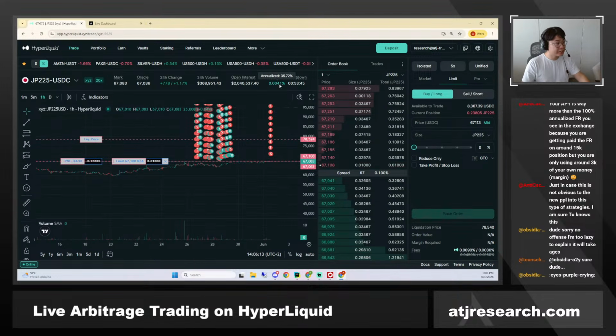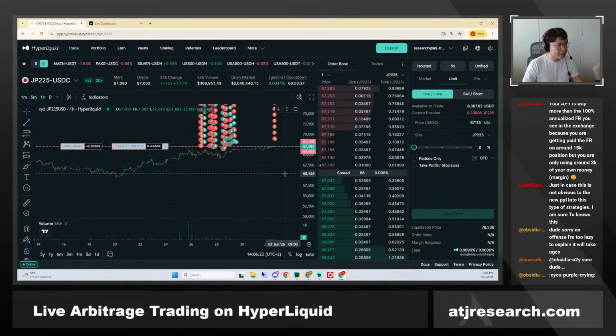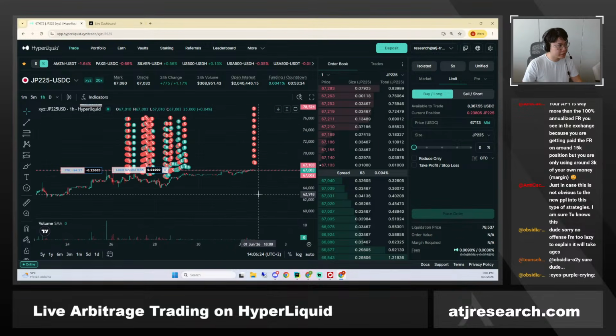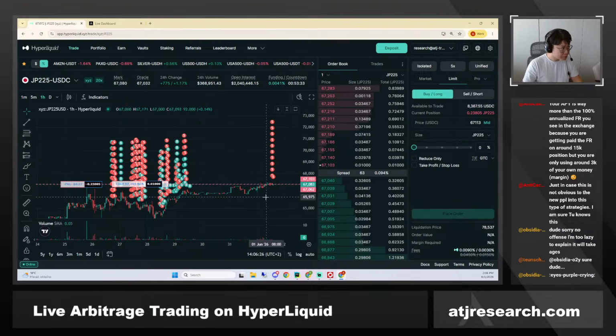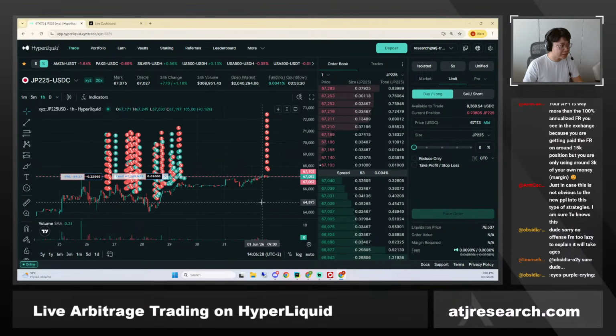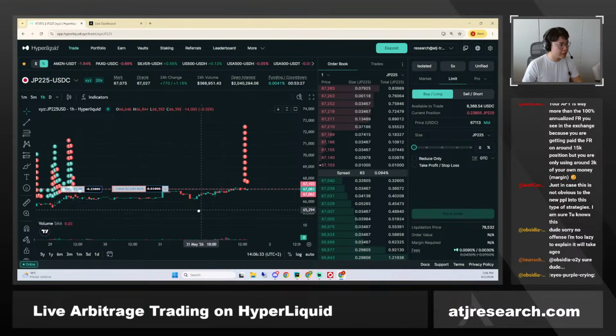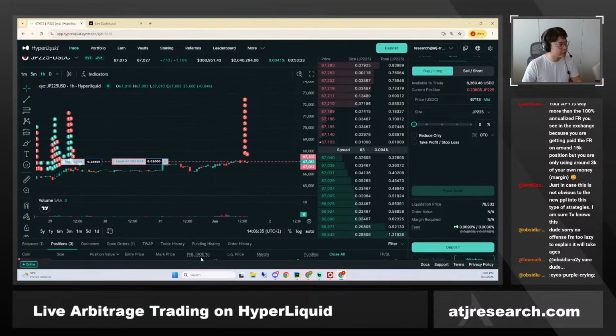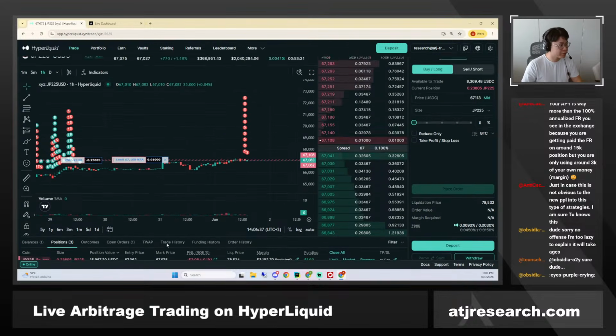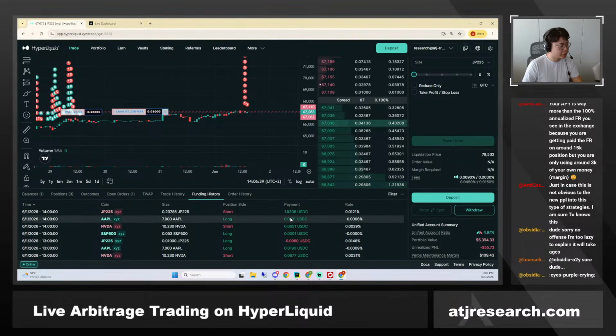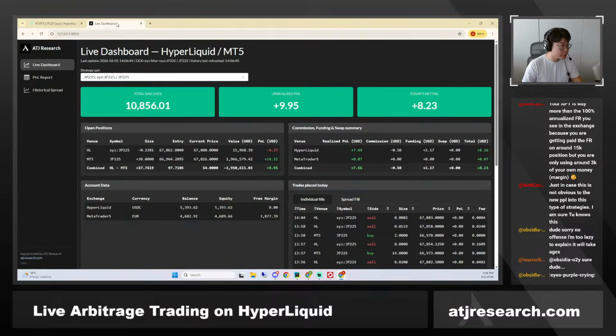But again, what you see here is that this 100% annualized return quickly changed back down to 35, because as we're adding liquidity to the market and correcting the prices, we are killing the high funding rate by just providing the quotes, which is nothing bad because we made 1.9 US dollars in an hour on a 10K account, which is really good.